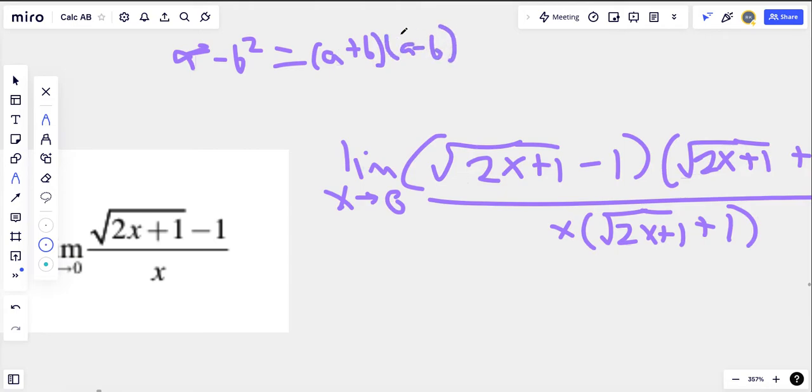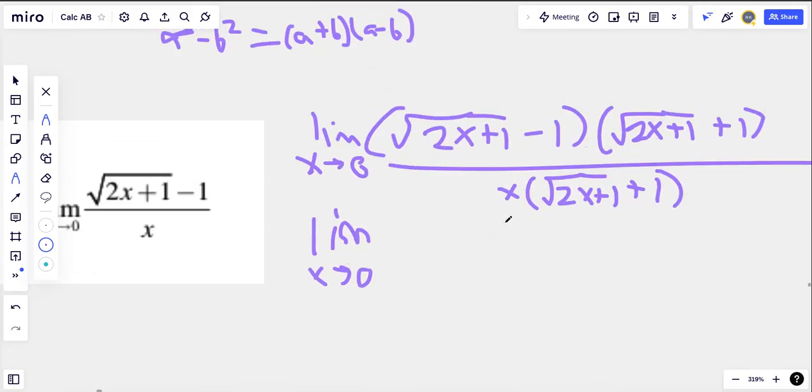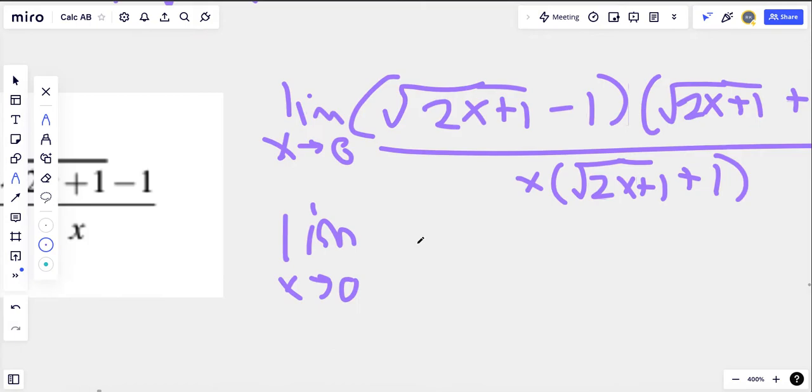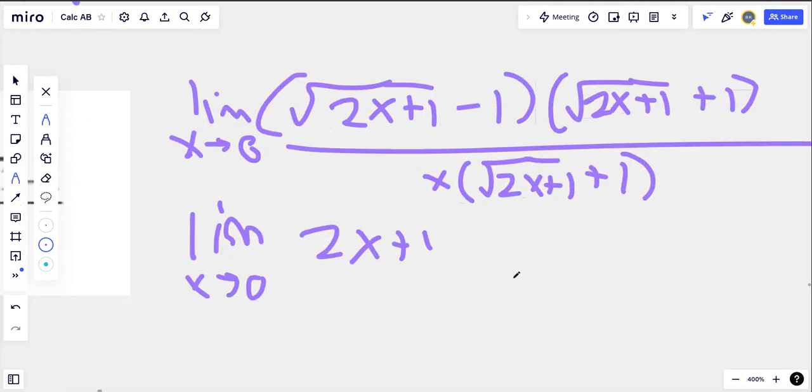You just make use of this to rewrite it for us. So it becomes this squared. So square root squared, it cancels out. So you just have 2x plus 1 and then minus your b squared. So 1 squared is just 1. So then you're left with this.